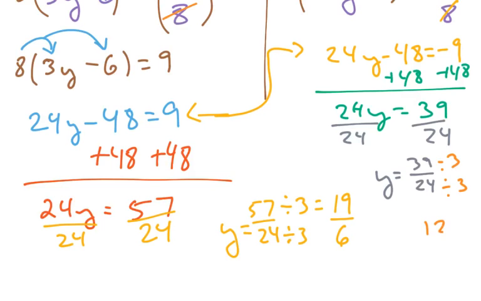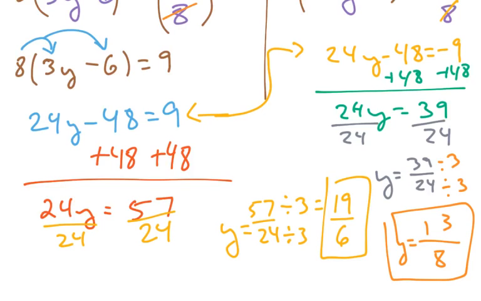So this is going to give me 13 over 8. So our answers are these two. Except 24 divided by 3 is 8, so watch that. Hopefully you caught that mistake. Made a silly mistake there.